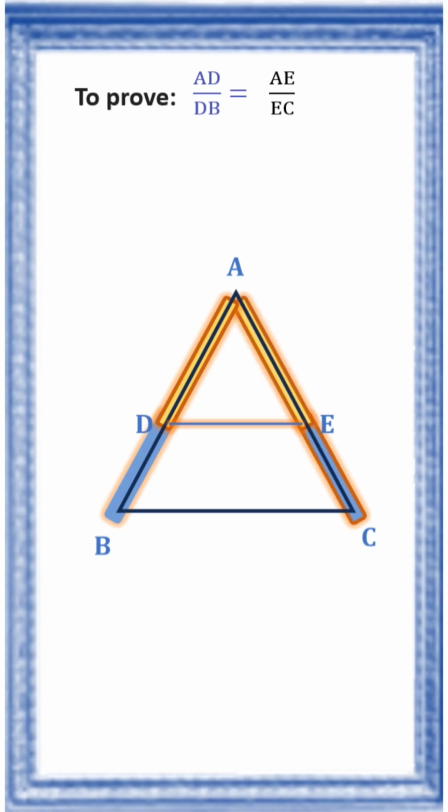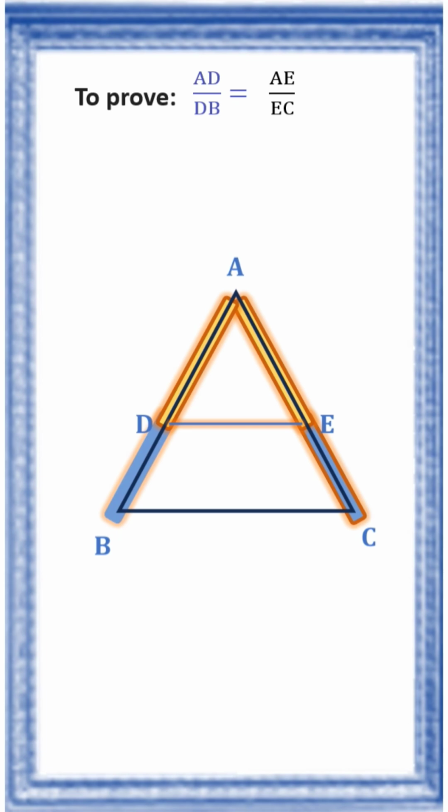How can we prove this one? We can observe that AD, DB, AE, EC can be the bases of triangles. Now, by using base and height, meaning we have to construct base and height, two triangles.